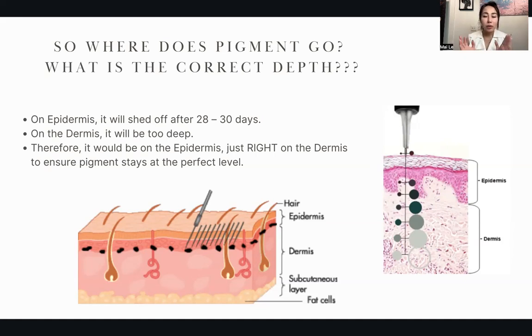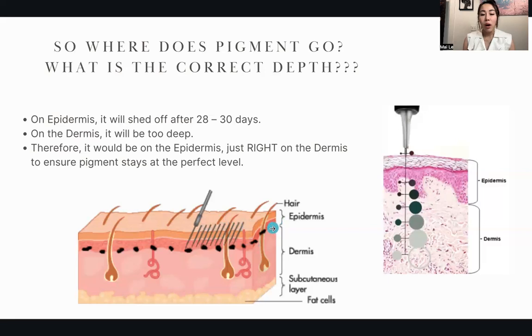But in general, we implant the pigment into the epidermis, just touching the dermis right here. The reason is that if you only apply the pigment in the epidermis, after 28 days the top layer of the skin will shed, and the pigment you have just implanted will fade as well.